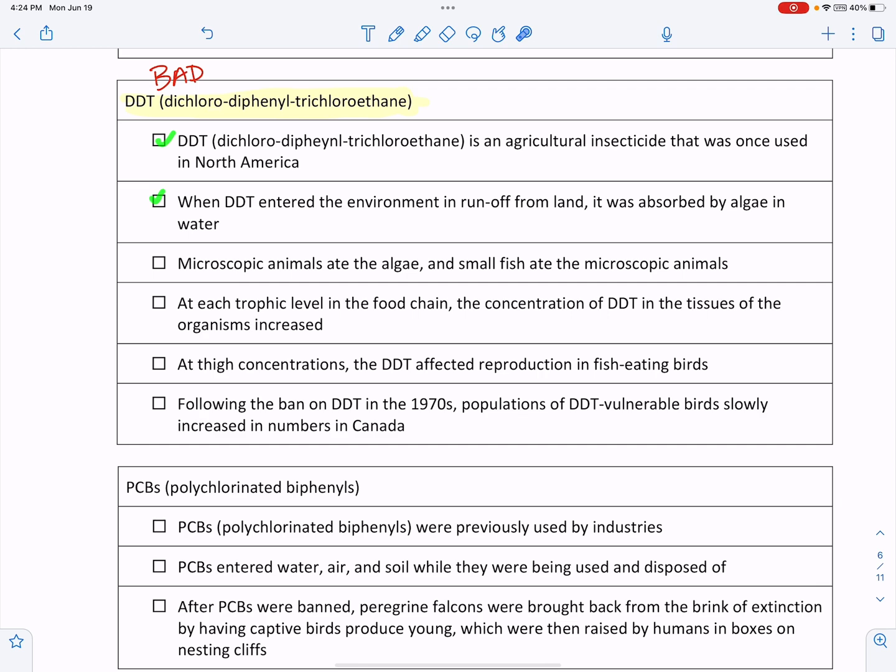When DDT entered the environment in runoff from land, it was absorbed by the algae in the water. Microscopic organisms ate the algae, and small fish ate the microscopic organisms. So at each trophic level, the concentration of DDT in the tissue of the organisms increased. This is called biomagnification.